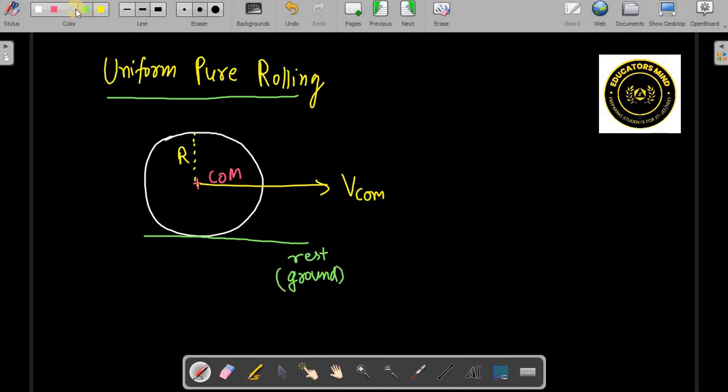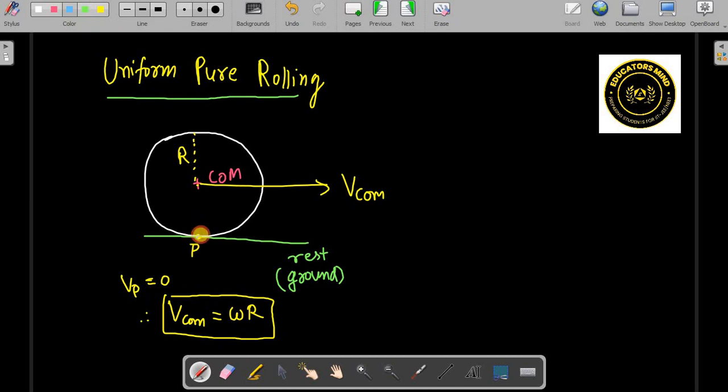It may not be at rest, that case we can also consider, but for this case we have seen that the point of contact P has velocity 0 because it is at rest. So we have derived that the velocity of center of mass is going to be omega r, right? This is the condition for pure rolling and uniform pure rolling.